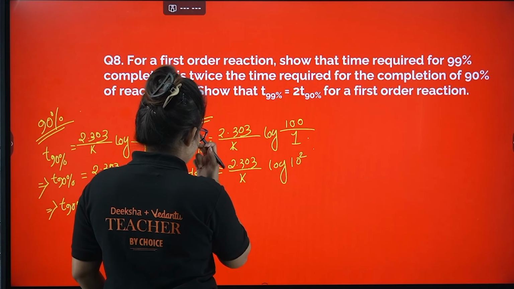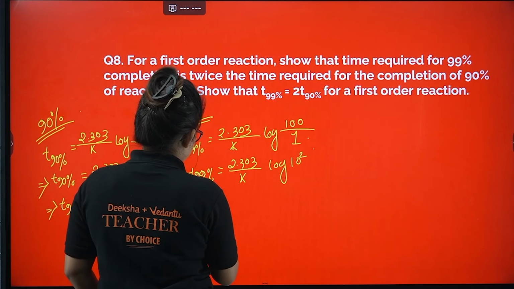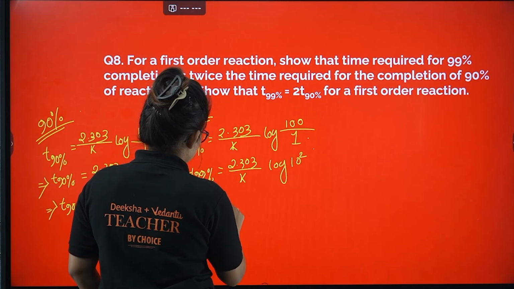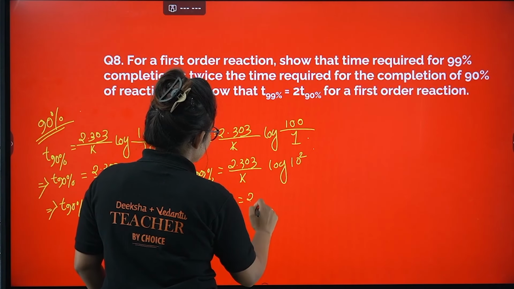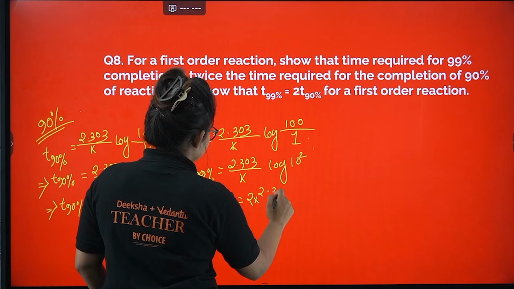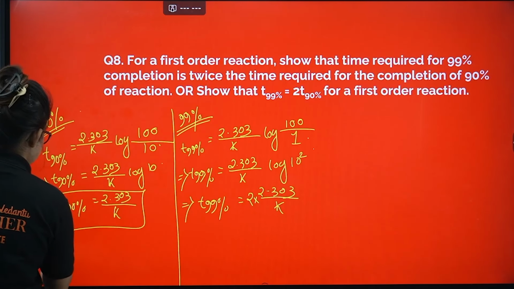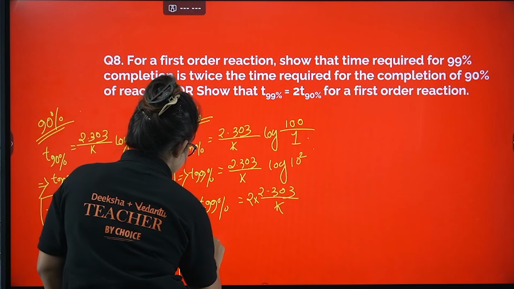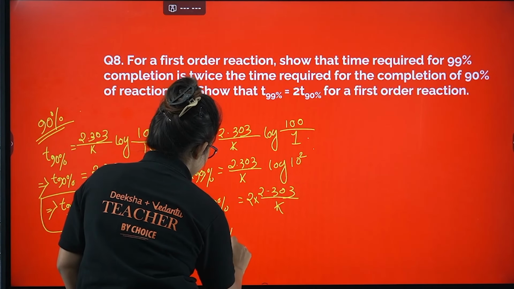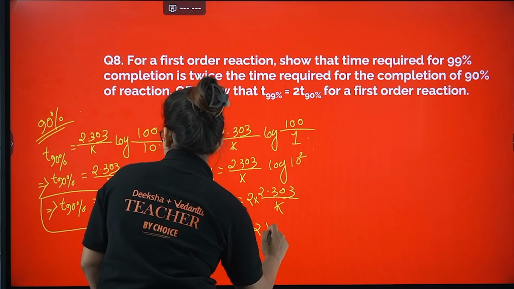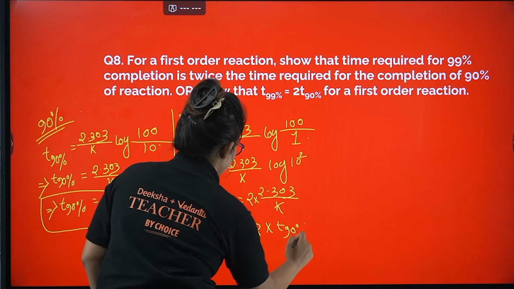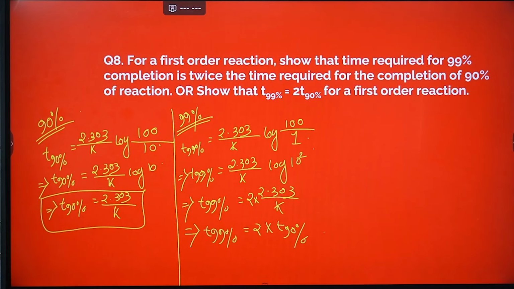This 2 will come in front. So T 99% equals 2 into 2.303 by K, right? So from here I can write T 99% is nothing but 2 into T of 90%. That's it. I guess this is clear for you.